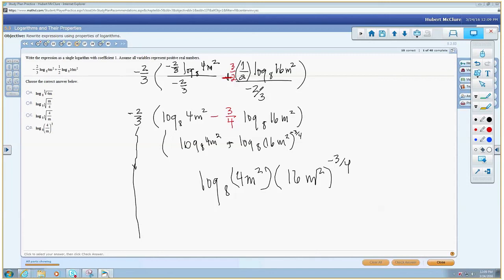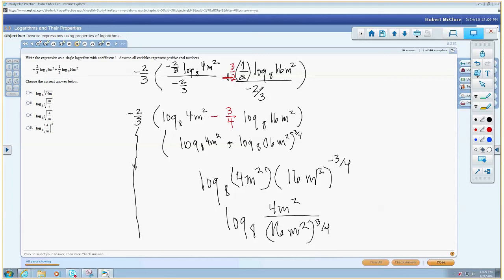So that's over 1, so you can flip it. And that's going to be log base 8 of 4m squared over 16m squared raised to the what? 3/4, and you're starting to see this fraction right here form for one or two of these answers here.